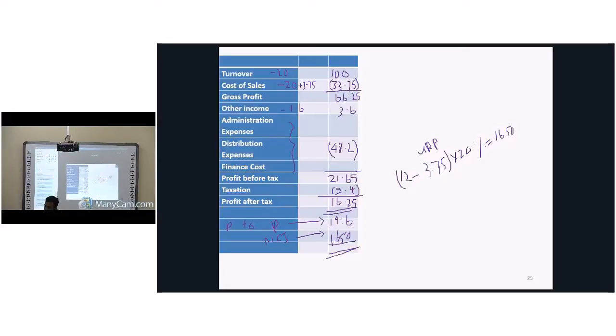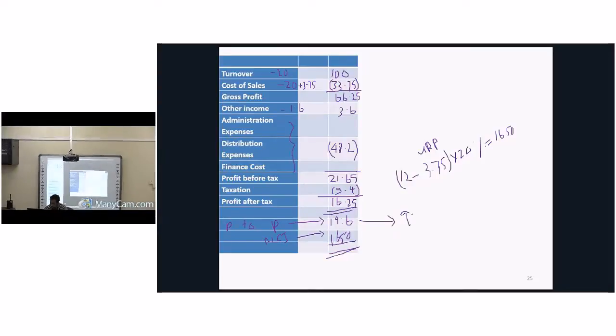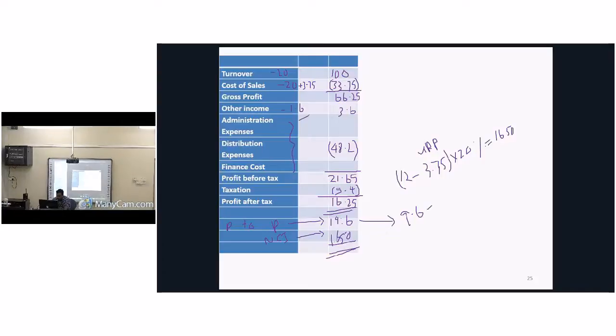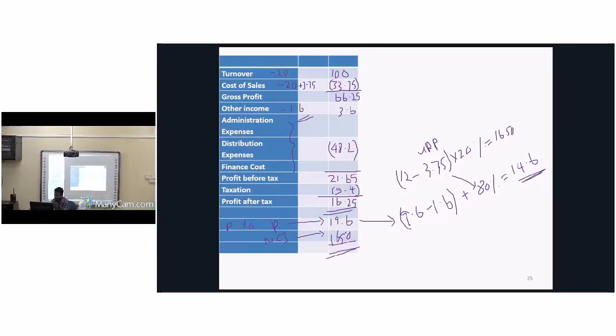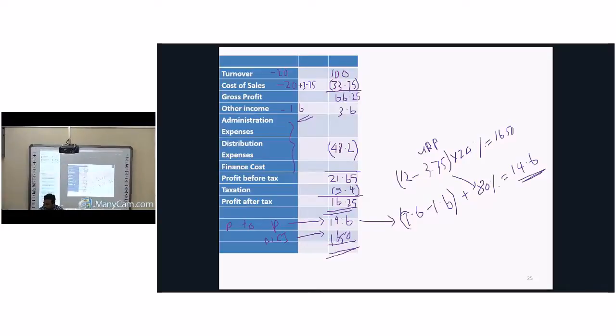Minus other income. How to get 14,600? 9,600 minus, if you can remember, the intercompany other income adjustment done for the parent, 1.6, plus from the subsidiary 80%, equals 14,600. Look at the way we calculate. Understand? Right.